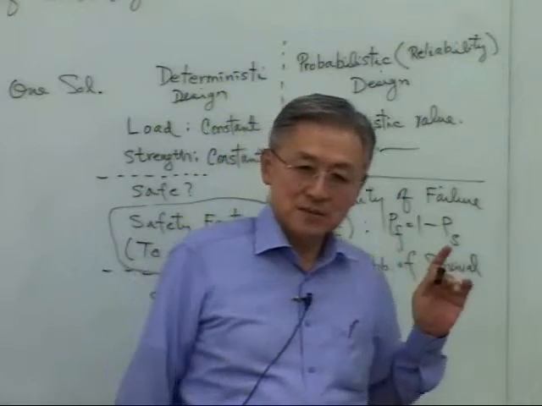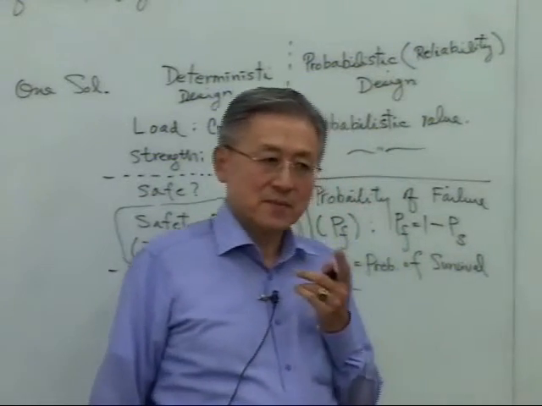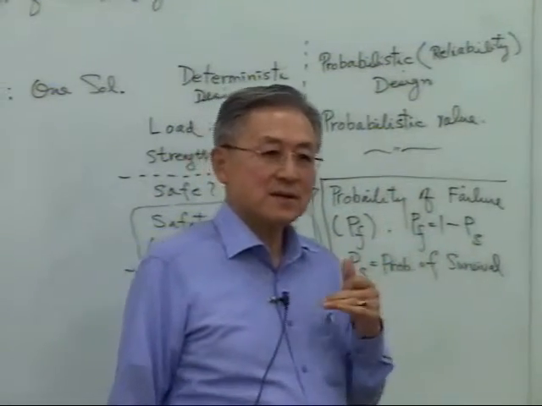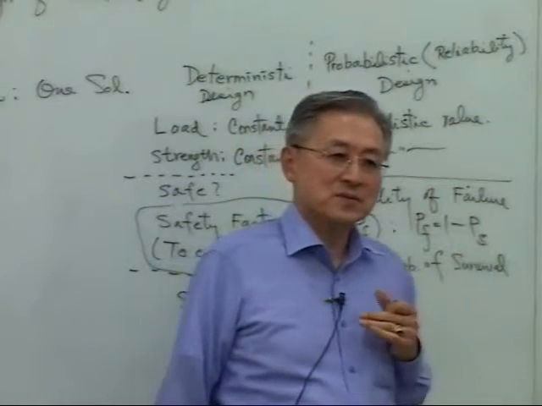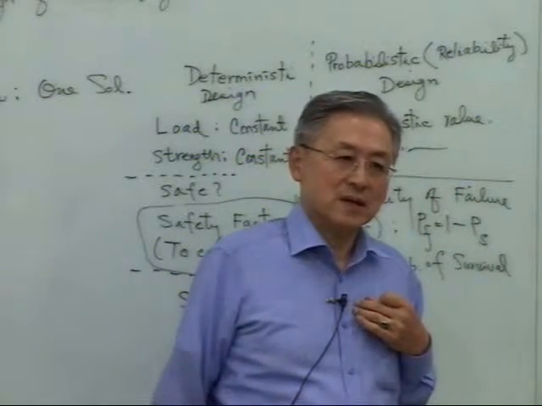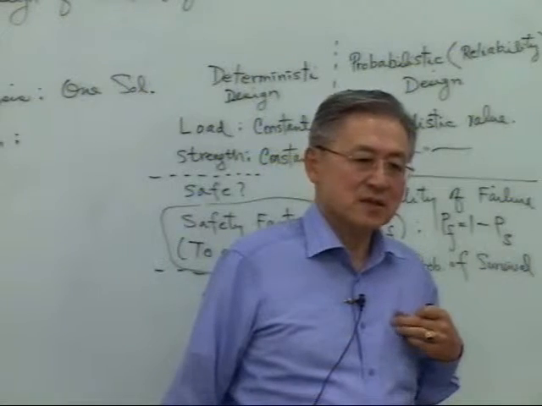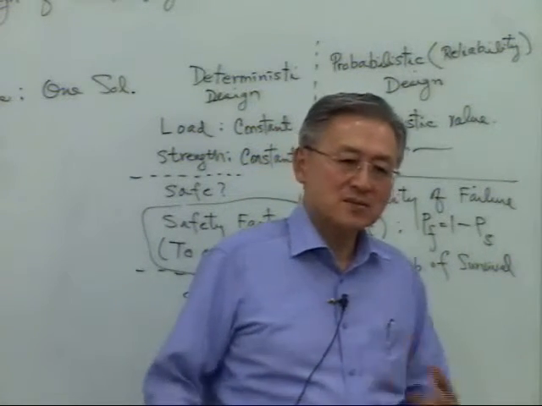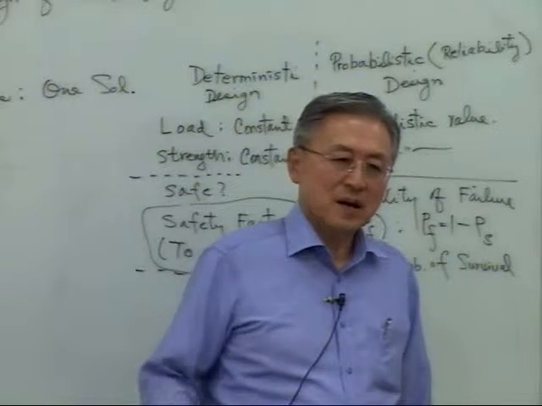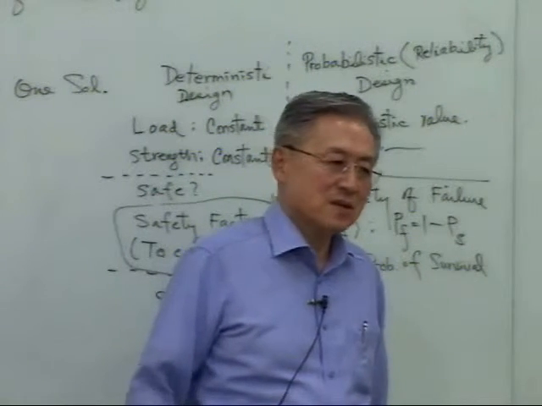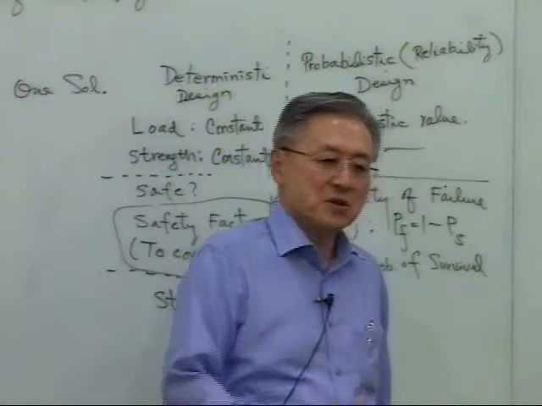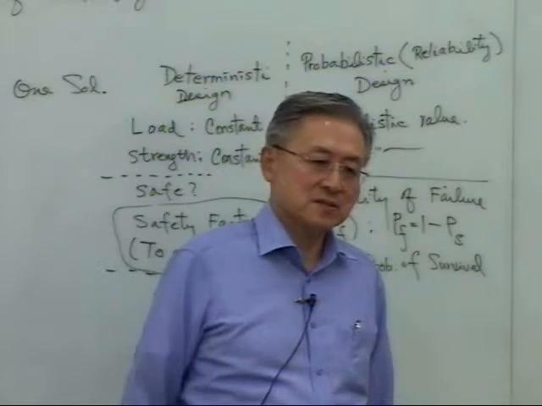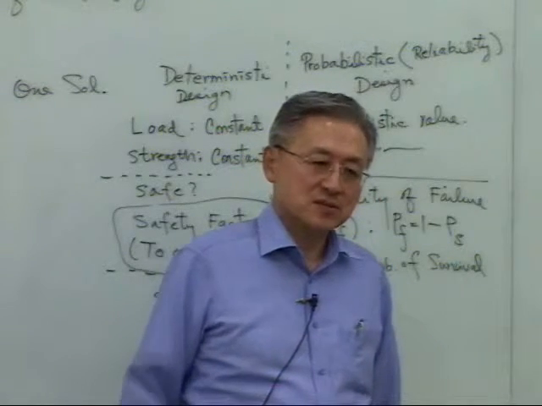So that's the book. The second book in the list there is about safety versus reliability. How are they related? How can we communicate that together? Can I somehow use the safety factor based on the reliability analysis? My answer is yes.